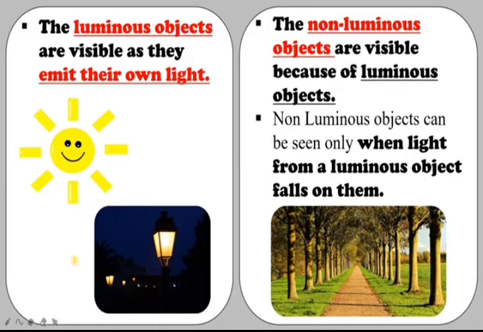The luminous objects are visible as they emit their own light, and the non-luminous objects are visible because of luminous objects. Non-luminous objects can be seen only when light from a luminous object falls on them. I hope you understood the differences between luminous objects and non-luminous objects.